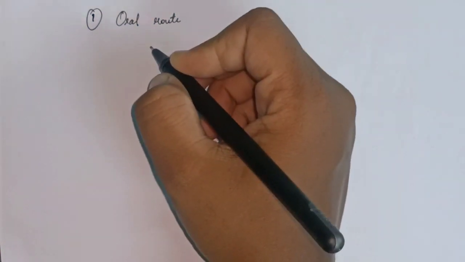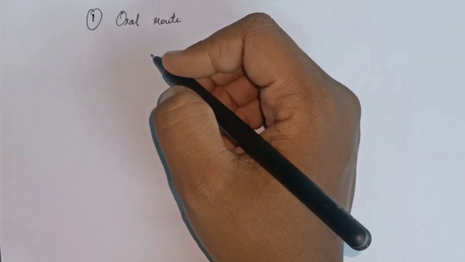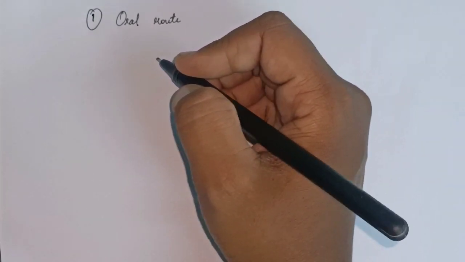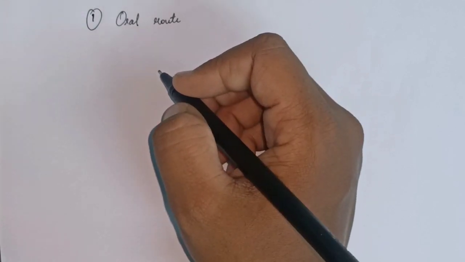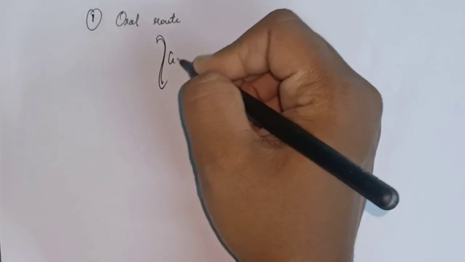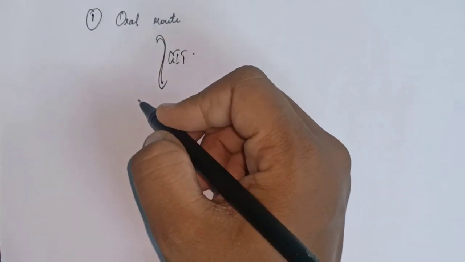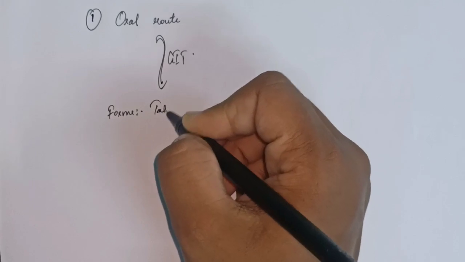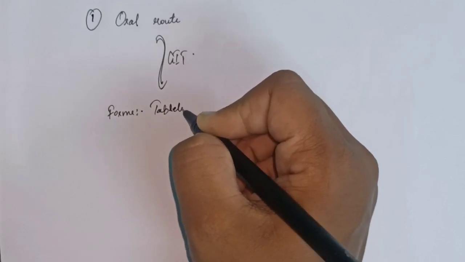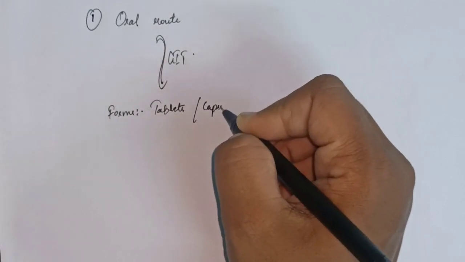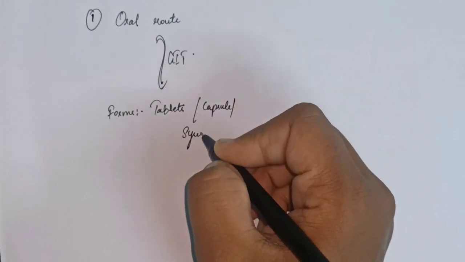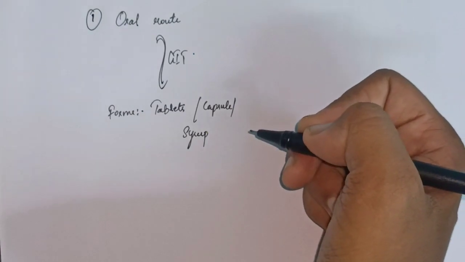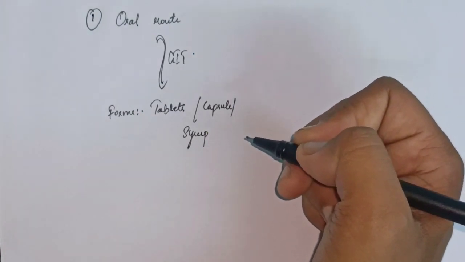It is taken as a tablet, capsule or syrup through your oral cavity, that is through your GI tract. So these are the forms of drugs that can be taken orally.